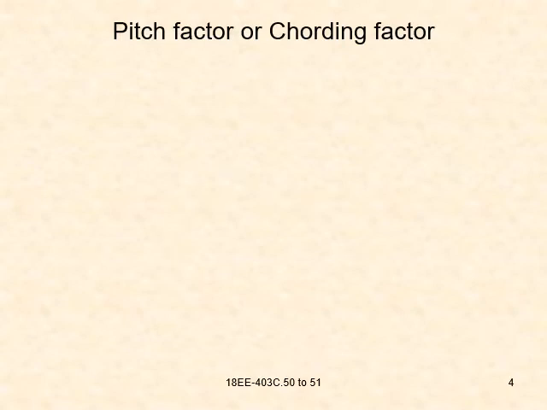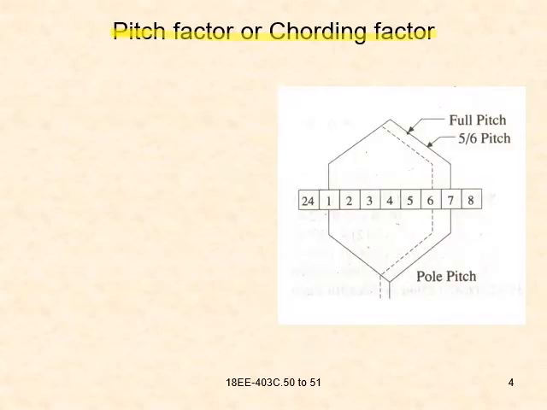So what is actually the pitch factor or cording factor? Firstly, we'll see the pitch factor or cording factor. Here you can see the diagram. This pitch factor involves the winding of the armature.